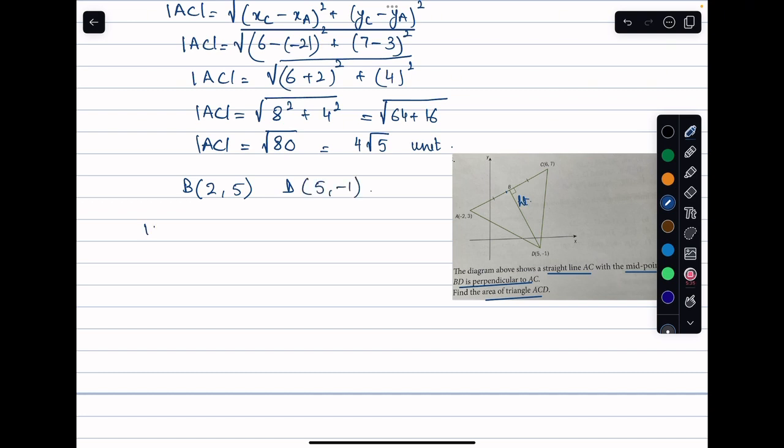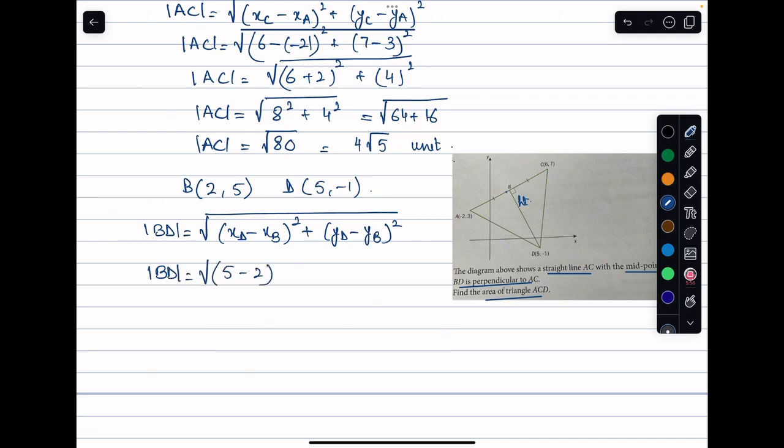So to get the distance BD, I will again be substituting XD minus XB the whole square plus YD minus YB the whole square, or BD equals under root 5 minus 2 the whole square plus -1 minus 5 the whole square.